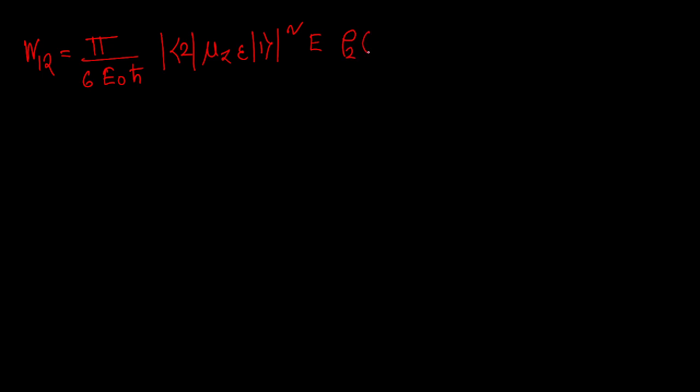Okay, and with this we come up with the rate of absorption, something like this, for the 1 to 2 state transition. Okay, this is radiation density.